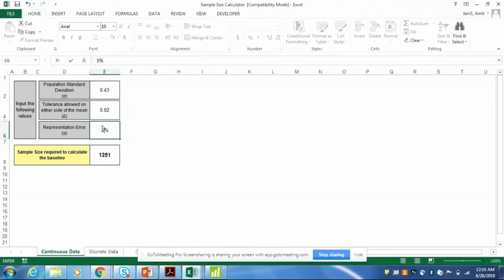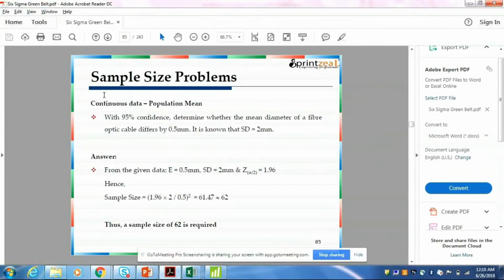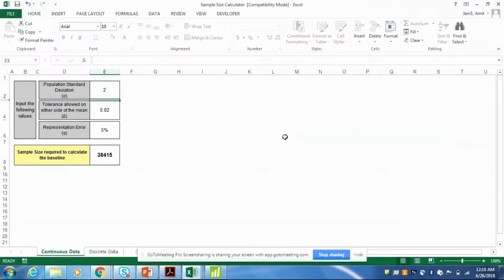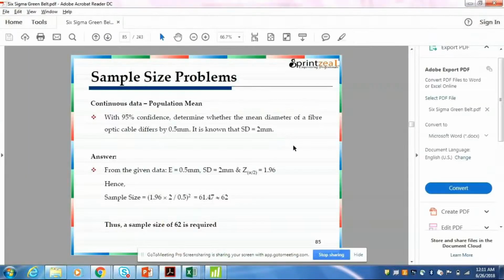So if I take alpha as 5%, population standard deviation is 2.